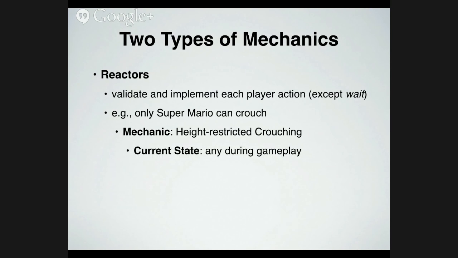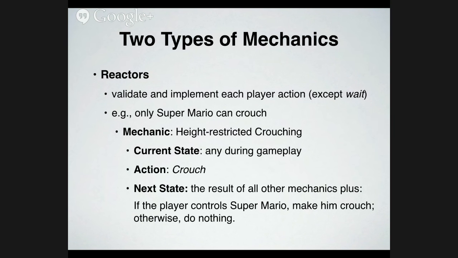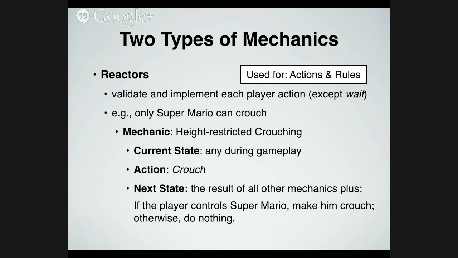So if we call this mechanic, this little piece of Mario Brothers, height-restricted crouching, then you can say, whatever state we're in the game, if the player hits that down button and they're saying, I want to do the action crouch, well, then the next state should be whatever all the other mechanics say, like the fireball should keep bouncing and the Goomba should keep walking, plus, if you're Super Mario, then you crouch. Otherwise, you do nothing. Okay? So that's an example of a reactor.